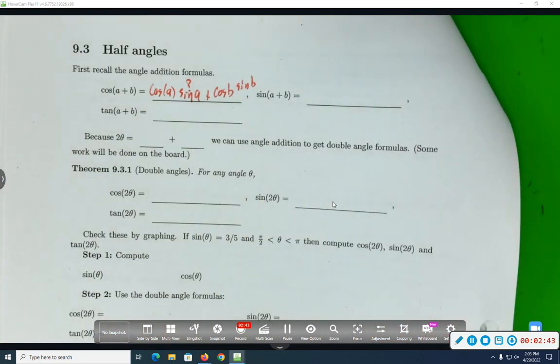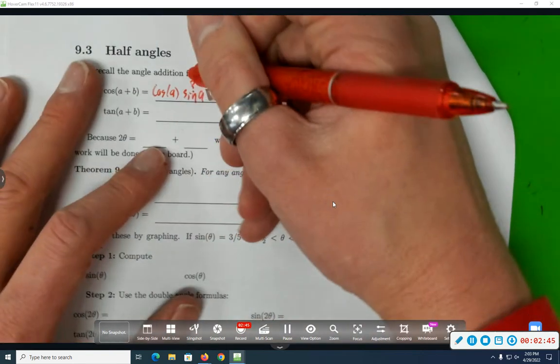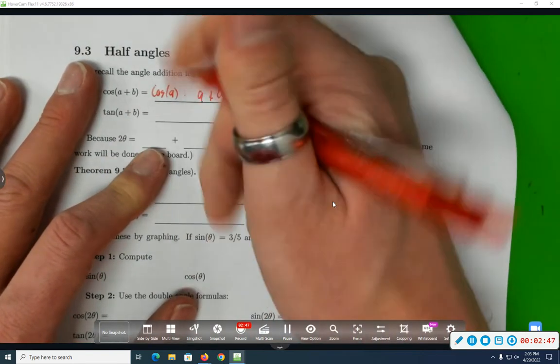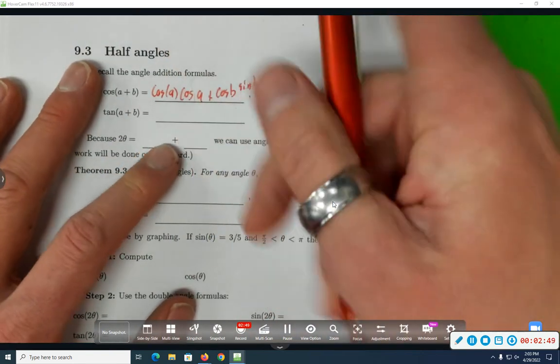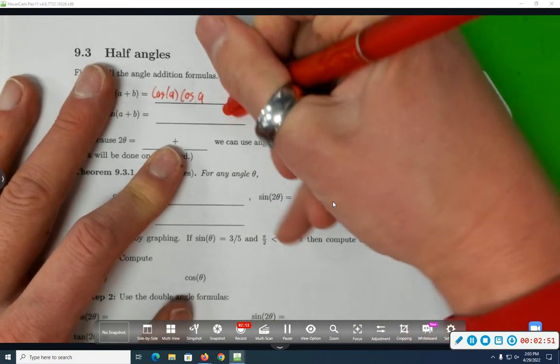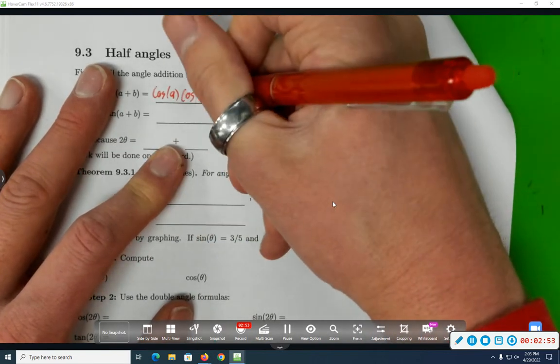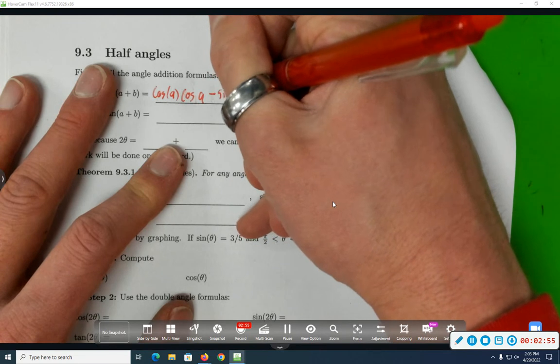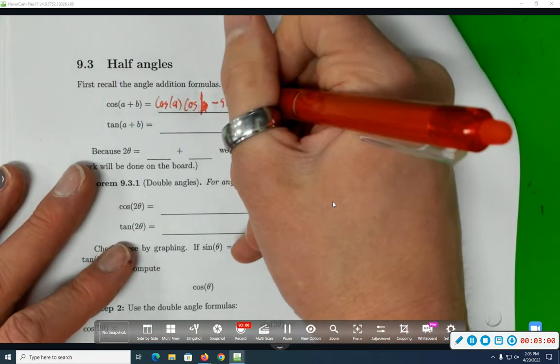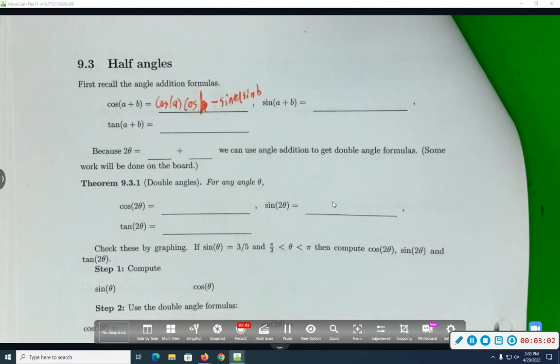Cosine A times cosine B minus sine A, sine B. Oh, that should be a b. You said b. Nice. So let's see, maybe by a show of hands, how many people had that without looking deeper in their notes? Nice. All right, same thing for sine.